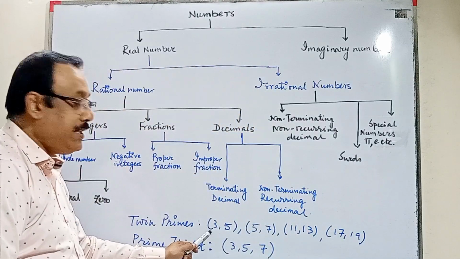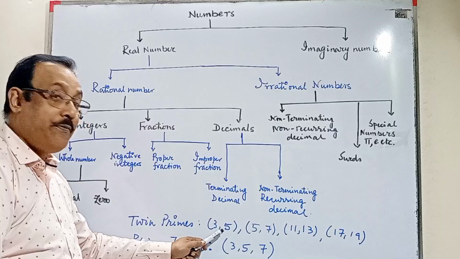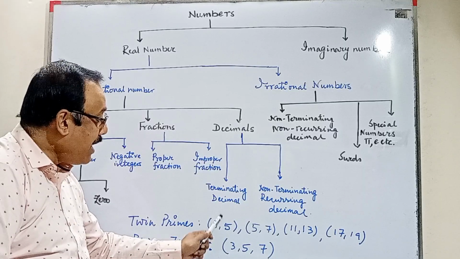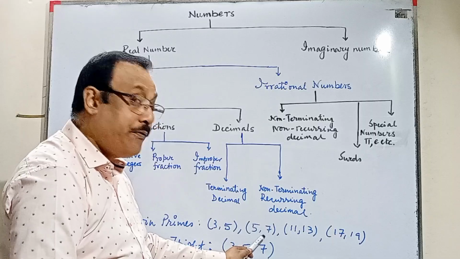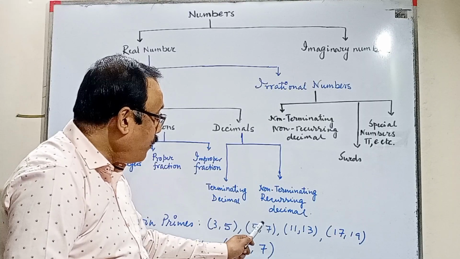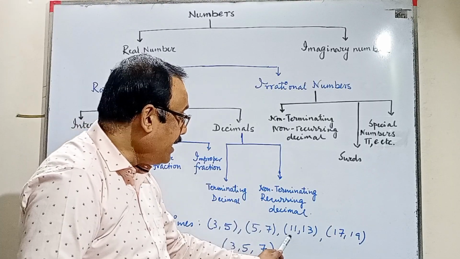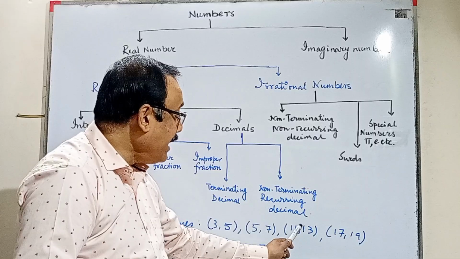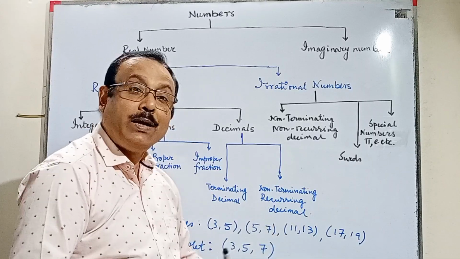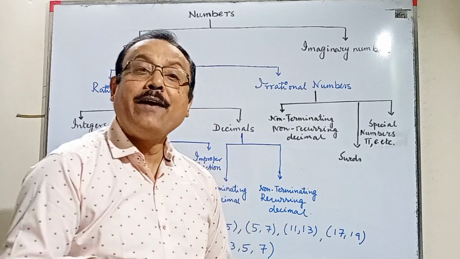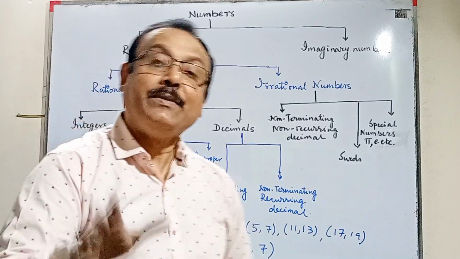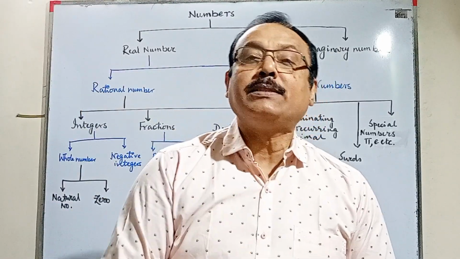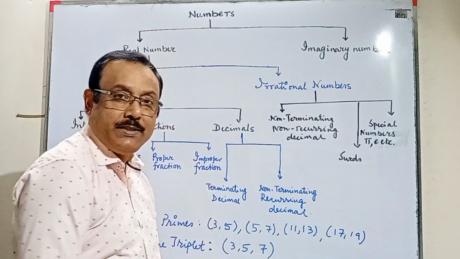See, 5 minus 3, the difference is 2, and in between them there is a composite number 4. 7 minus 5, the difference is the same, 2, and they have a composite number 6 in between. 13 minus 11, the difference is 2, and they have a single composite number, 12, in between. So if they have a composite number between them and their difference is 2, those two numbers are called twin primes.